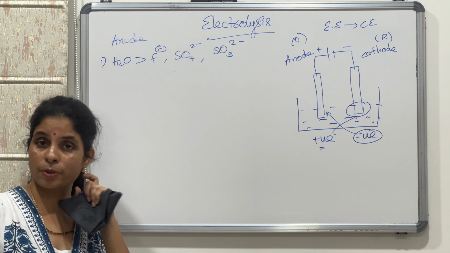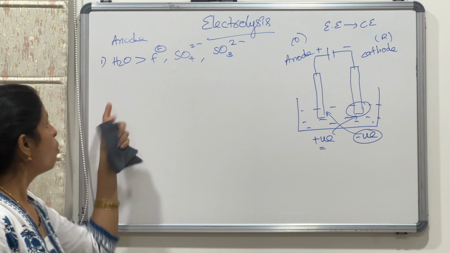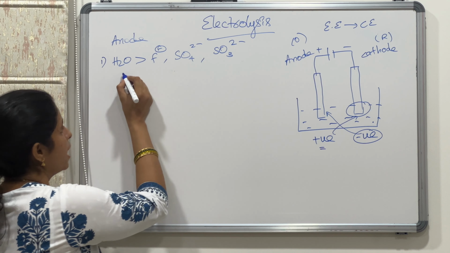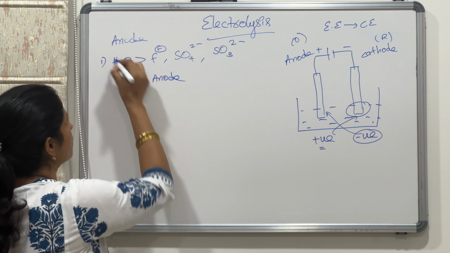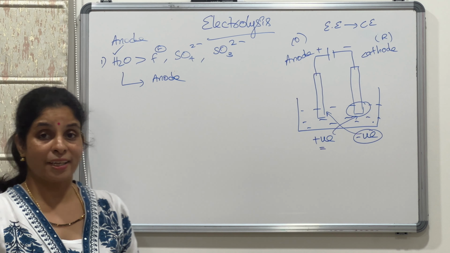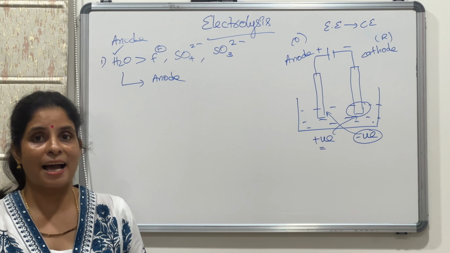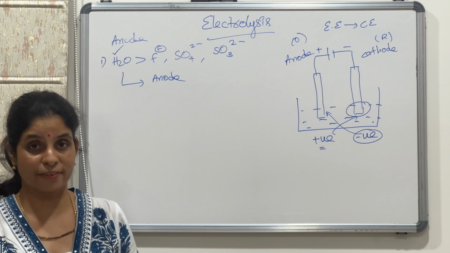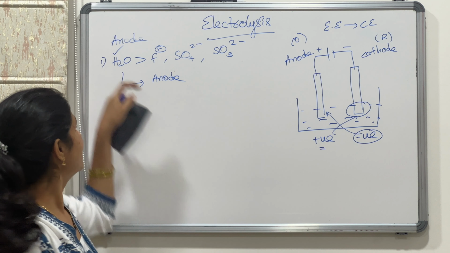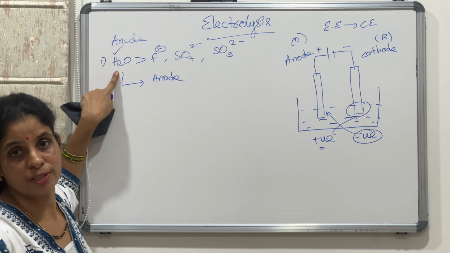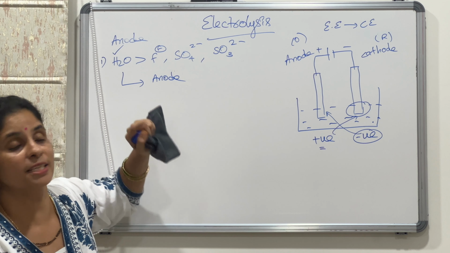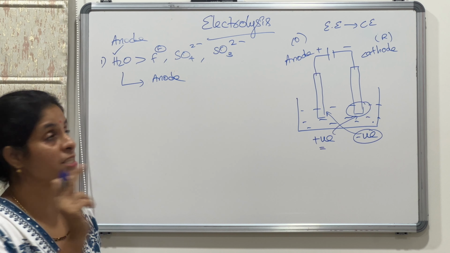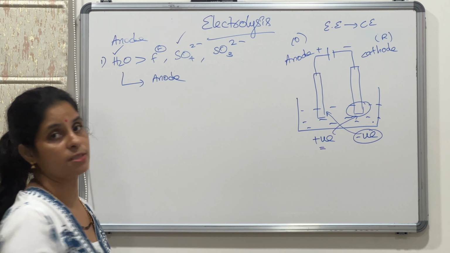Water will go and deposit at the anode. If you assume this as a race, water will win the competition. It will go fast and deposit at the respective electrode if these are the anions.